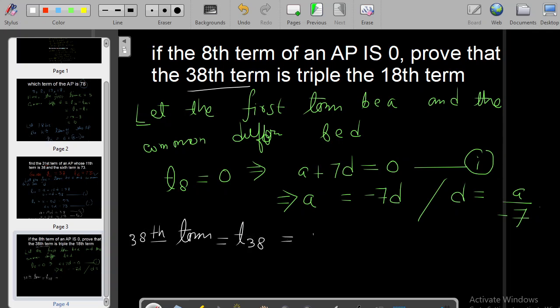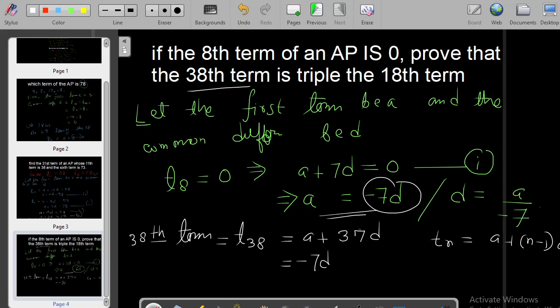It is A plus 37D, because again we are using the same formula, Tn equals A plus n minus 1 into D. What is the first term over here? We don't know that. We put A equals minus 7D, which we found from here.